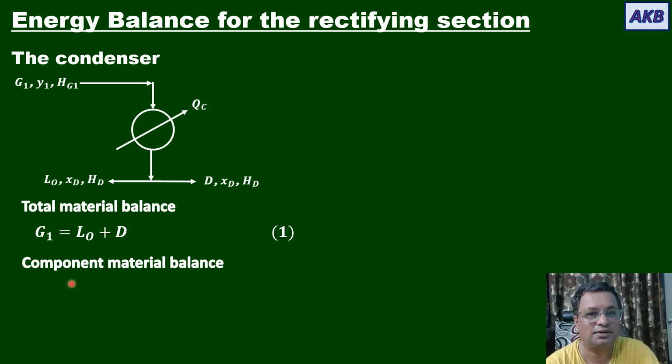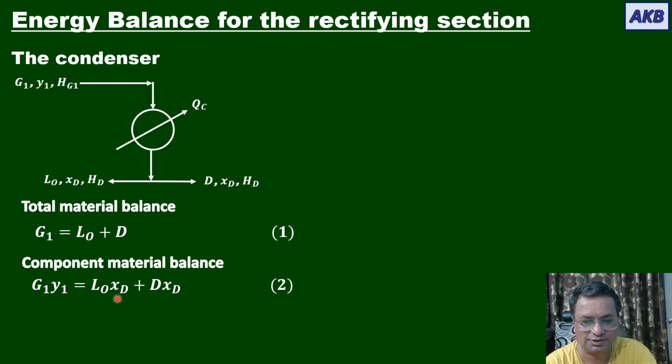Okay. Now component material balance. Here we are going to consider the more volatile component. Component material balance will be discussed in terms of more volatile component. So it will be total flow into the condenser into mole fraction of A in it. So G1 Y1 is equal to total reflux flow out of the condenser into mole fraction of A in it.